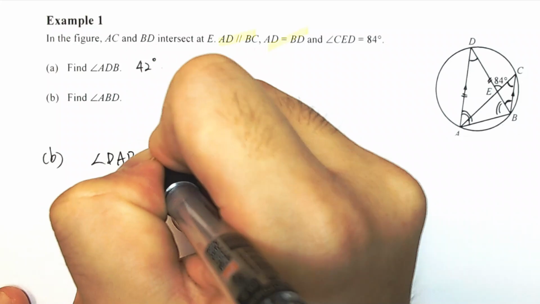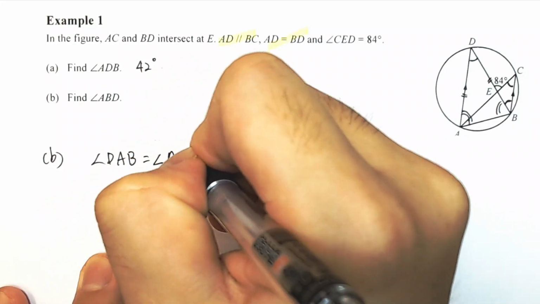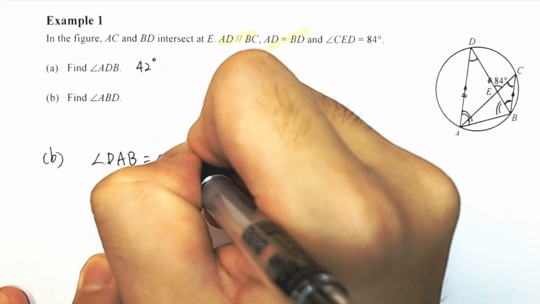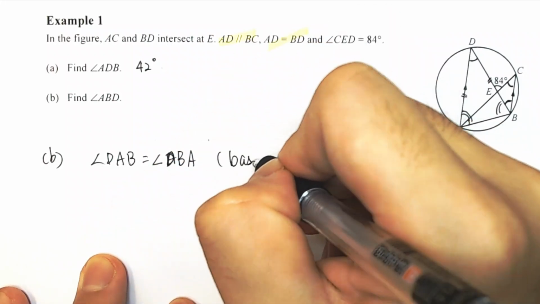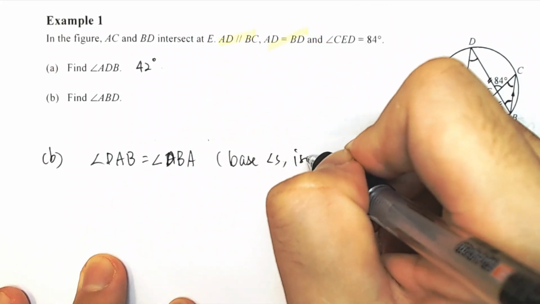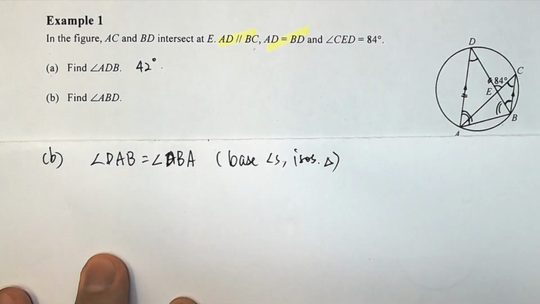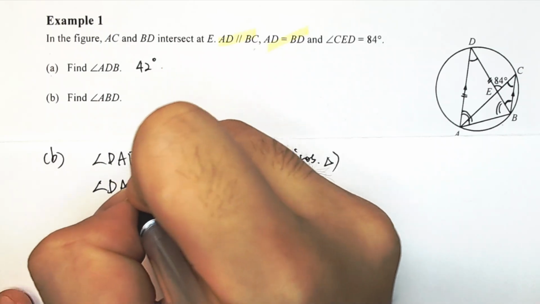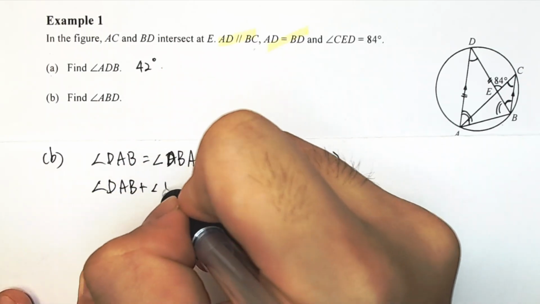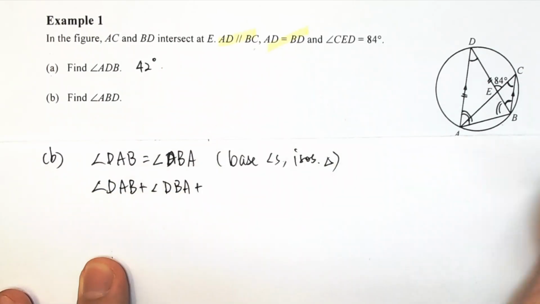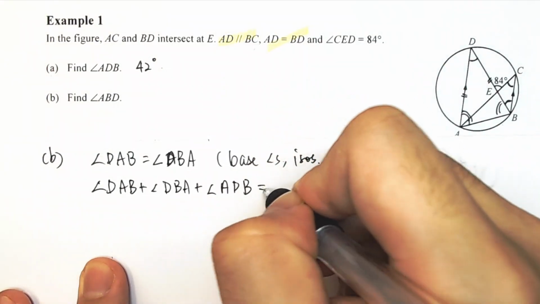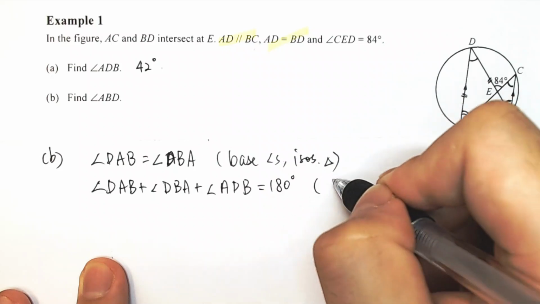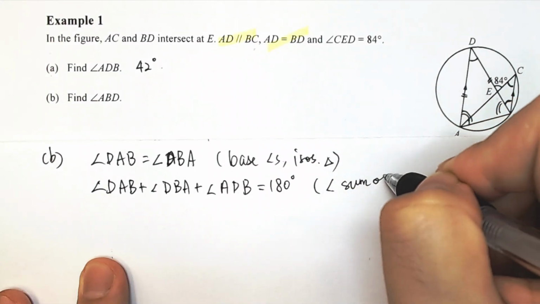Angle DAB is equal to angle DBA, base angles, isosceles triangle. And number 2, angle DAB plus angle DBA plus angle ADB is equal to 180 degrees, angle sum of triangle.